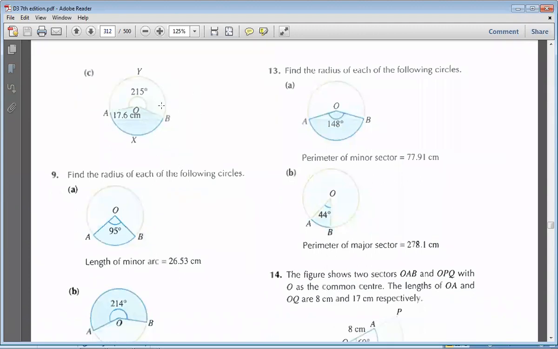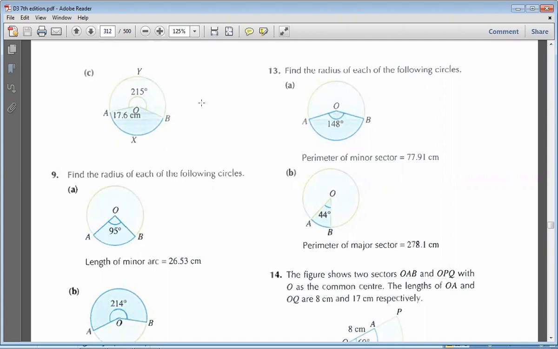So question number 8, and its C part. We have to find out the arc of the AXB, which is the minor arc, and its radius is 17.6 centimeter, but the angle given is of the major arc, 215 degrees.